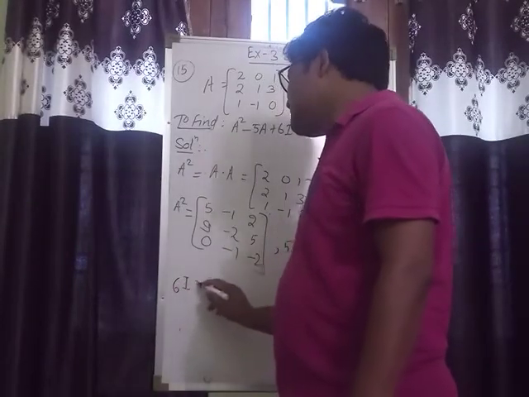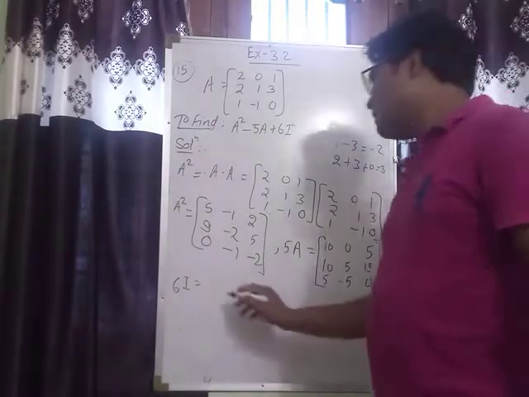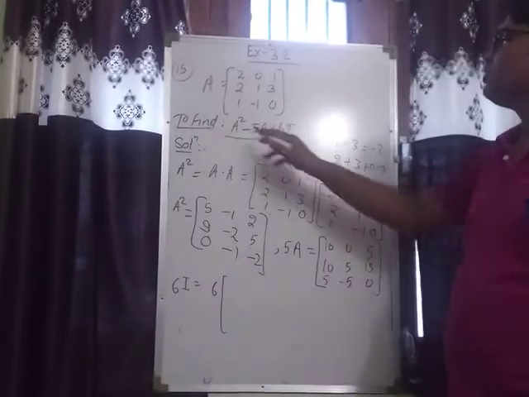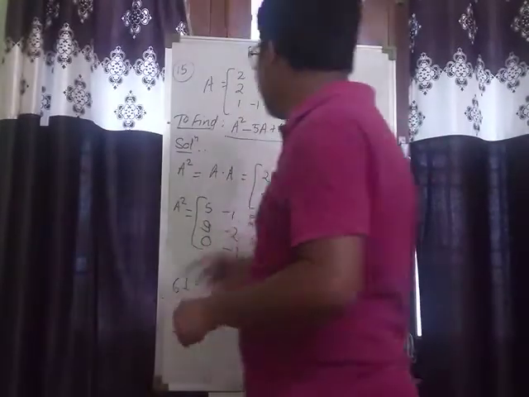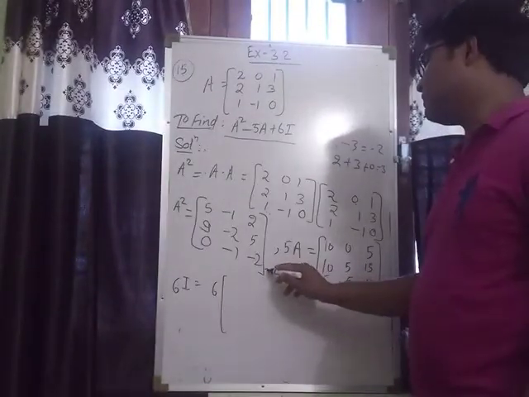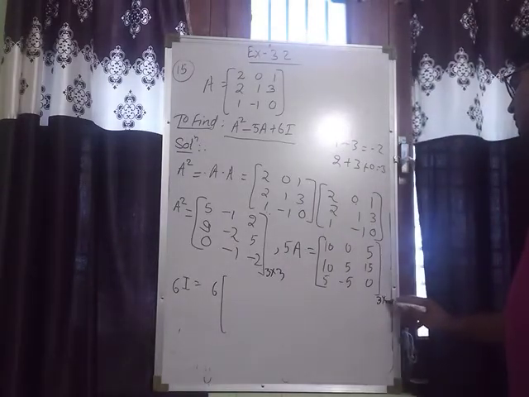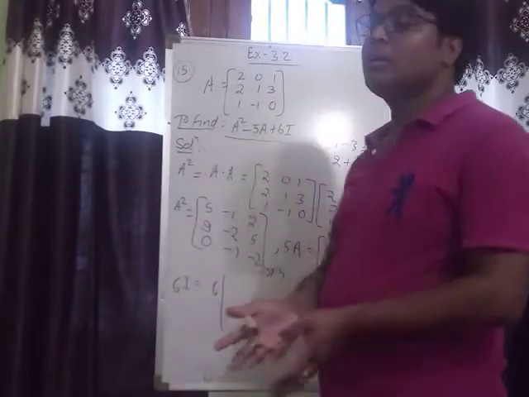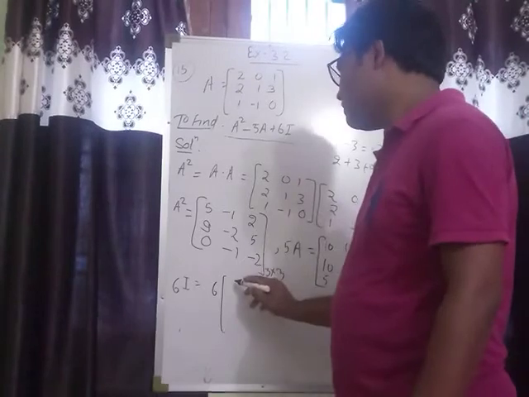See, I is an identity matrix. So that will be 6 into, because the sum of these three terms will be defined, and because a square is a matrix of order 3 by 3, 5a is a matrix of order 3 by 3, so clearly this 6i must be a matrix of order 3 by 3. That's why I must be an identity matrix of order 3 by 3.